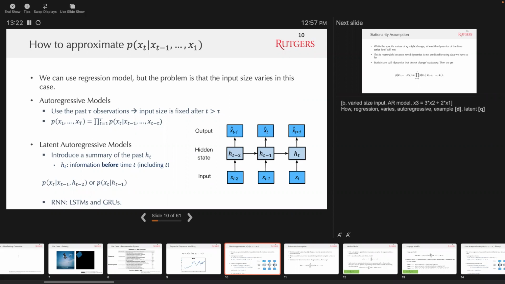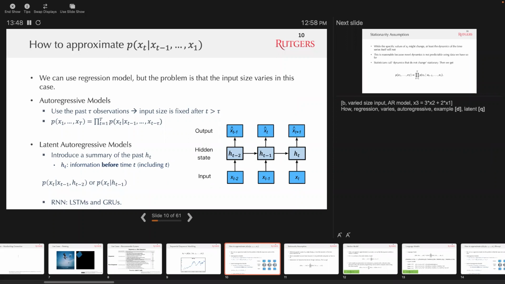Simply put, you can learn a neural network, something like this. This is your x, and the input is going to be your history. So learn a neural network to map the history into the current value. So this is going to be, sorry, t minus 1.